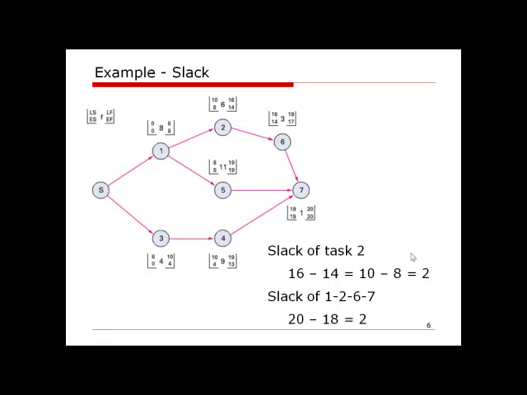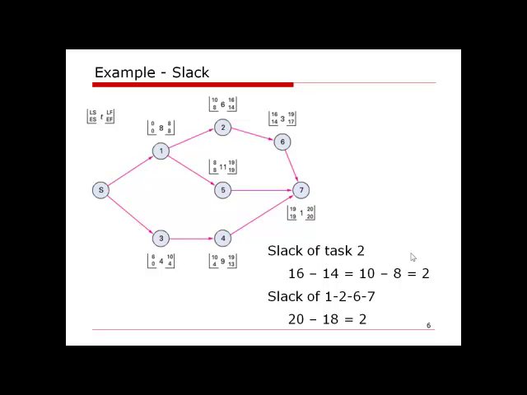So the difference between late finish and early finish, or the difference between late start and early start, will be the slack. For example, activity 2: the late finish is week 16 and early finish is week 14. The difference is 2. Similarly, the difference between late start and early start is 2 as well, which means activity 2 has a slack of 2 weeks.